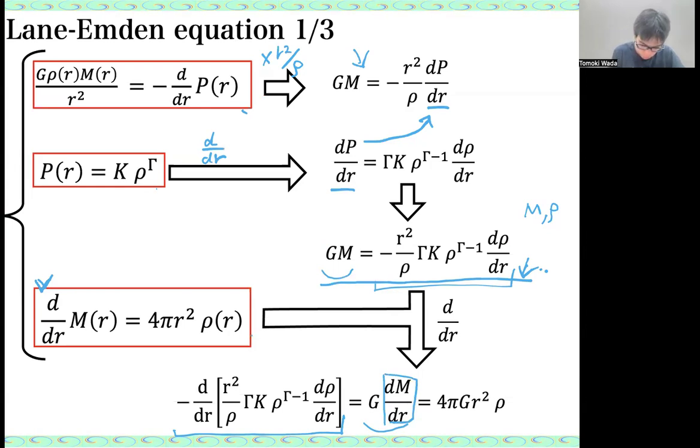Let's substitute this relation here. We get this kind of equation, and this final equation only contains rho. So here is only one variable, a function of r, and we can solve this equation under given initial conditions.